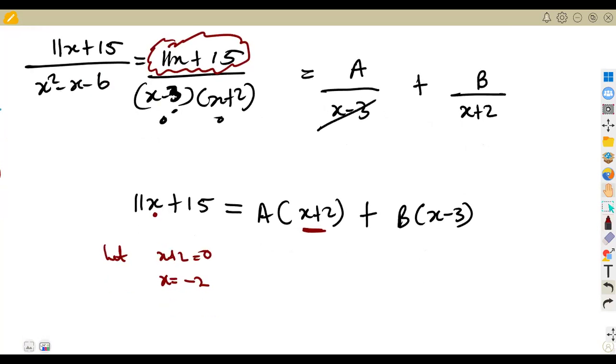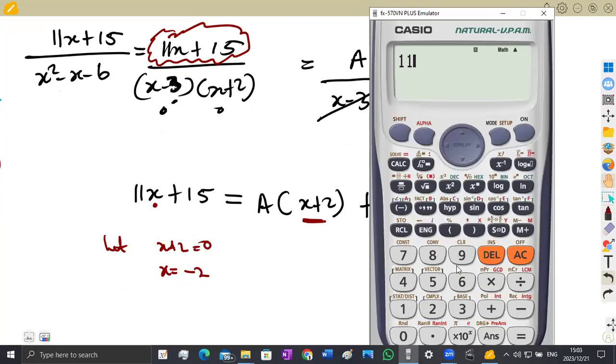All right, let us simplify. If our x is minus 2, this is 11x, which is 11 times negative 2. Whatever we get here, we add 15, which will be minus 7.